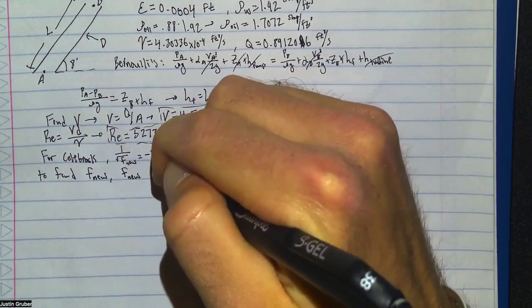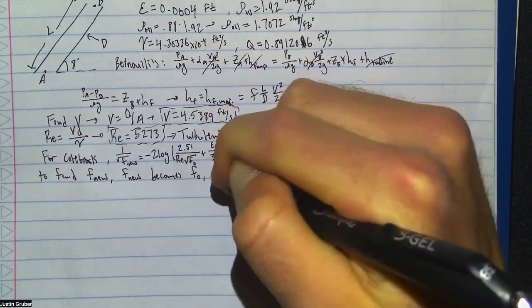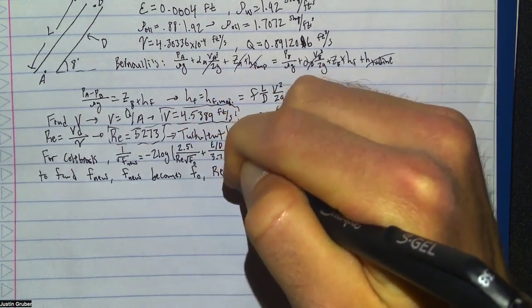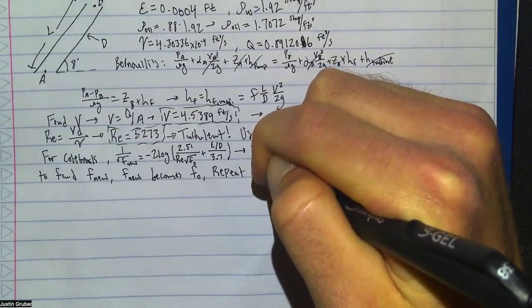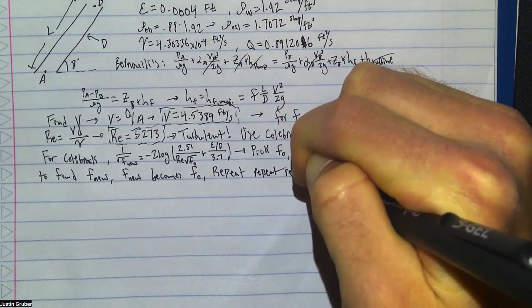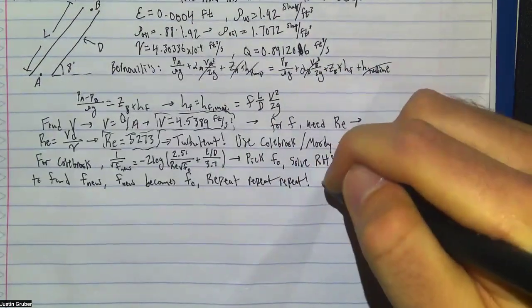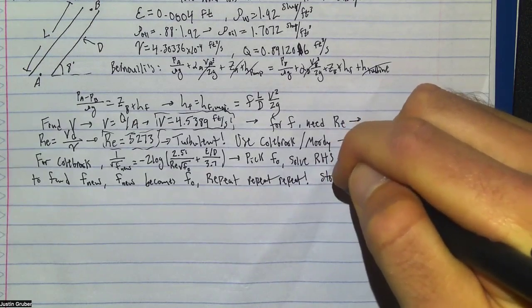F new becomes F0. And you just repeat, repeat, repeat, and then you stop when it converges.